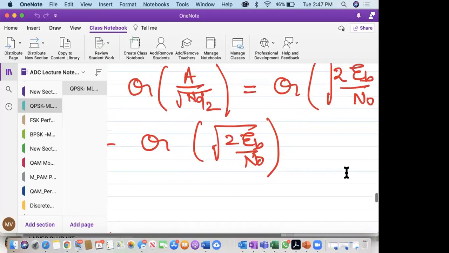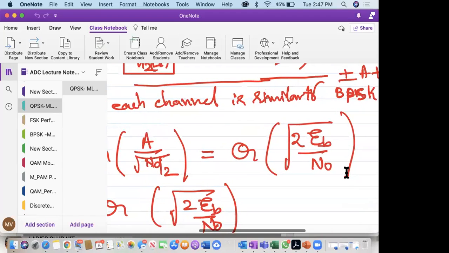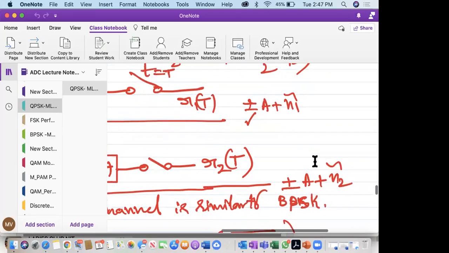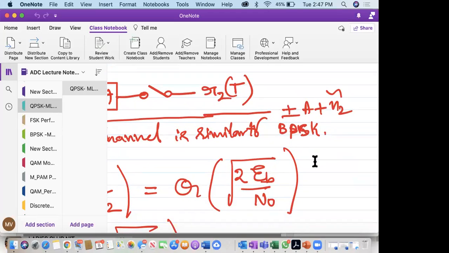For channel 1 and channel 2, finally we have derived the QPSK bit error rate as 2 times Q of root 2 times EB by N naught. For BPSK, it is Q of mod of S by sigma. Mod of S by sigma means the energy of your pulse, so that is EB by N naught.